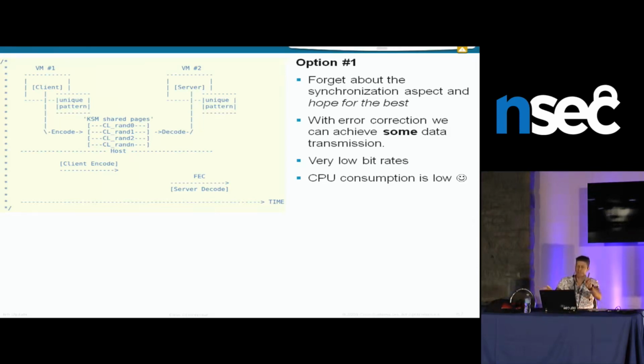The idea is that the client and the server are floating around in their own time space, and at some point in time they will overlap, and there will be some transmission. It will give a very low bit rate, obviously, and the CPU consumption is also going to be low. That's good, because that's what we want. We don't want to be detected by anyone monitoring processes on the system, so we don't want to burn CPU.